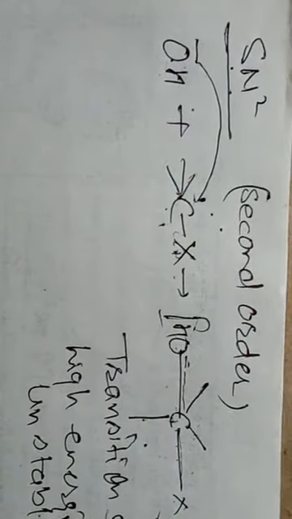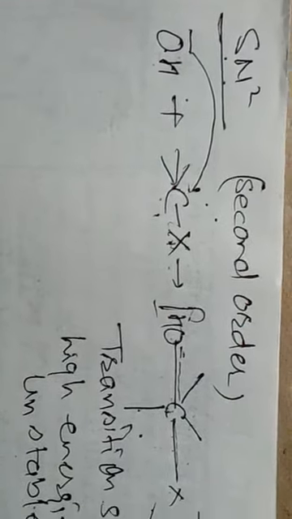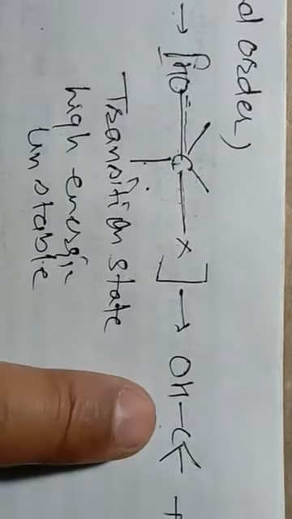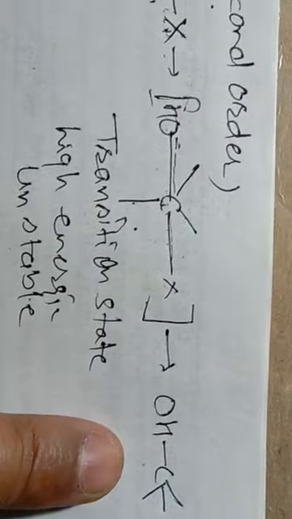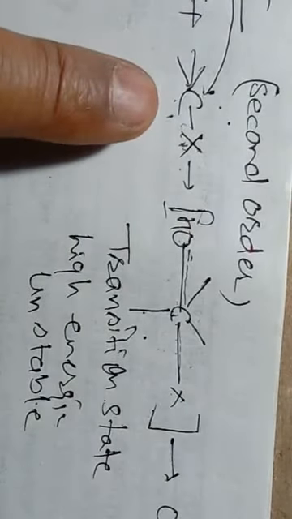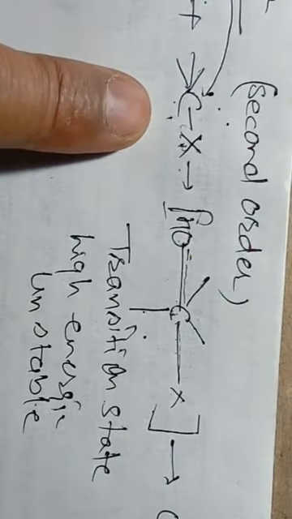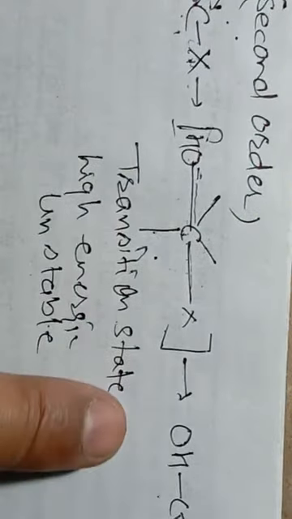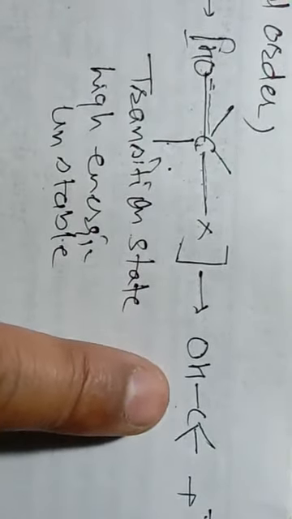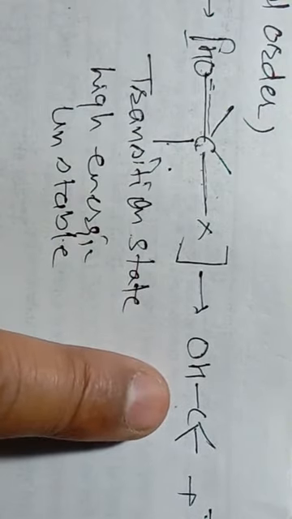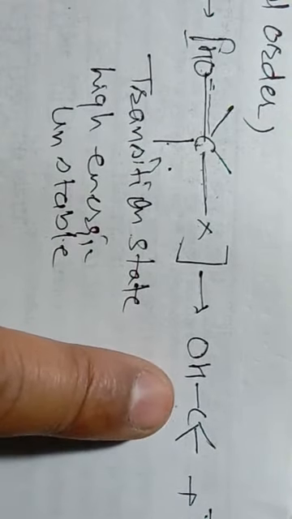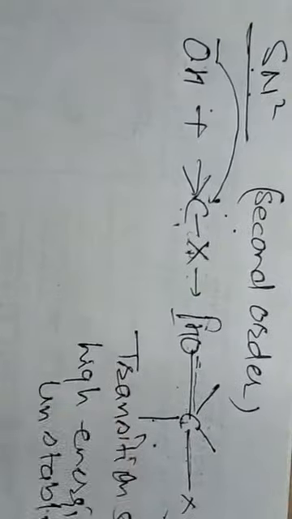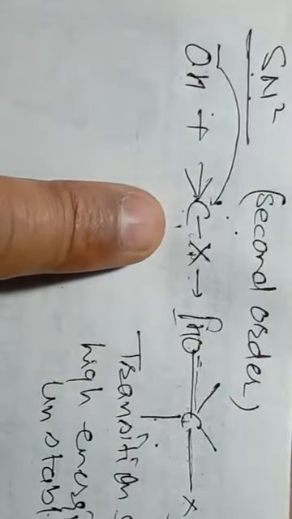Okay children, then the second thing which is very important is that the product which is finally formed in the SN2 mechanism has the opposite configuration of the base compound. About 100% inversion takes place in the SN2 reaction, and the product formed has the opposite configuration than the starting base compound.